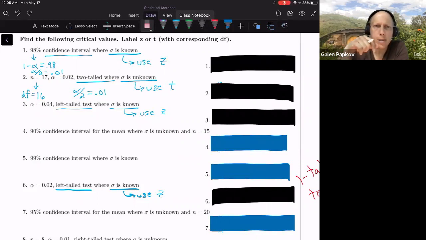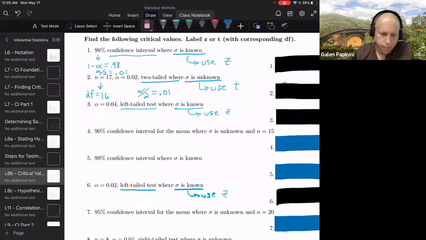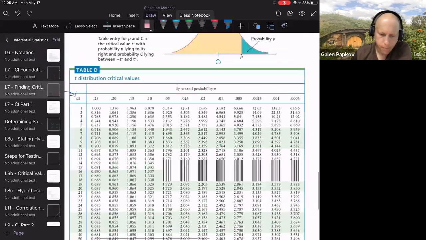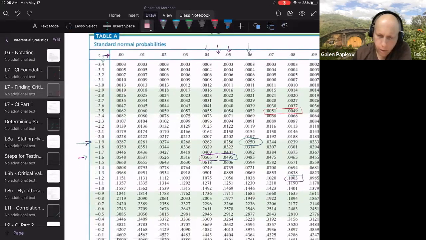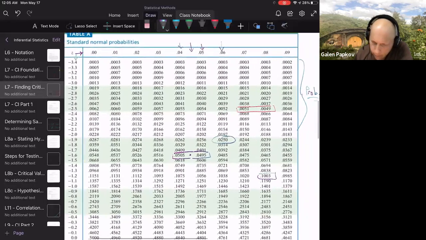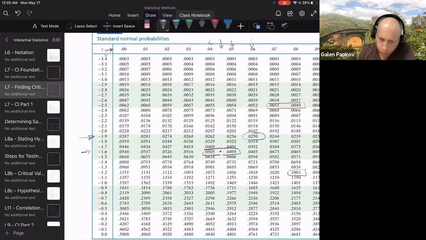And going to the Z table, looking up 0.01 as a probability, I see that it is closest to 0.0099, which corresponds to negative 2.33.